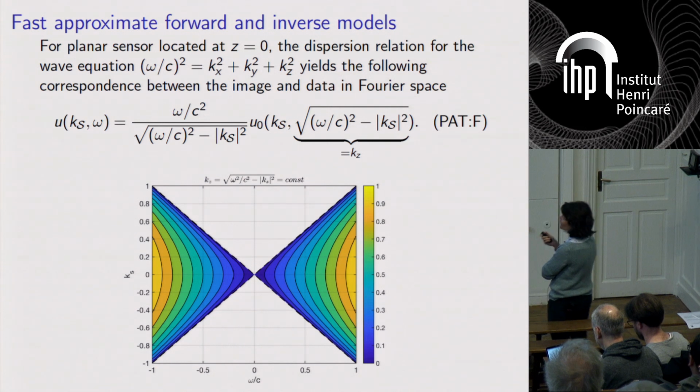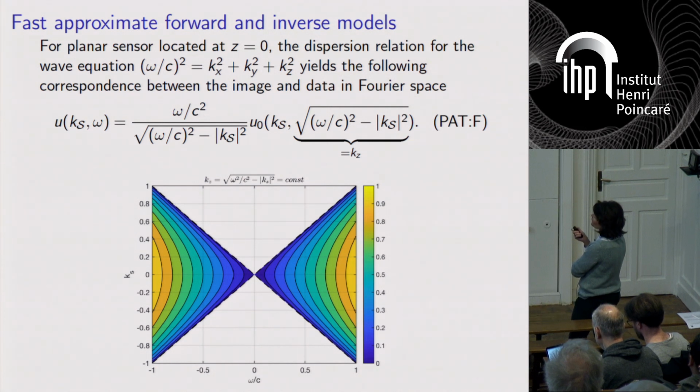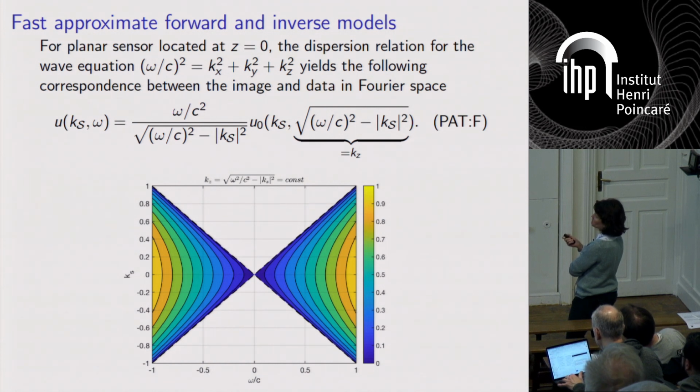If you transform the wave equation into the Fourier domain, you get this dispersion relation, and this dispersion relation gives you the following. You can map the data and the initial pressure in the Fourier domain using this map. This is the equivalent equation we get. There's a factor here, and of course there's a singularity along these lines, so there is this remapping going on.